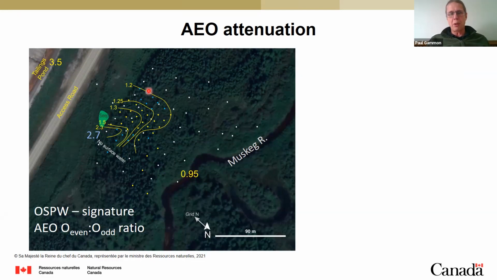Whereas in the boron, the reaction front was right out here at the edges of the plume. Within the AEOs, there seems to be a very, very strong reaction front right at the seep locality.